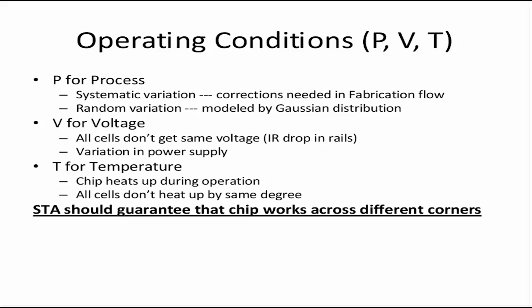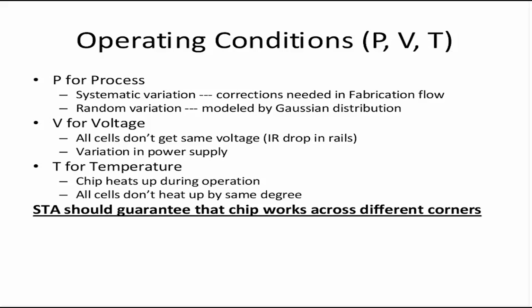In today's world, we do corner-based STA, but there is also something called statistical STA, which is gaining importance, because all such variations can be captured in a statistical way. As technology shrinks, the number of corners is increasing. We'll not talk in detail about this in this lecture.